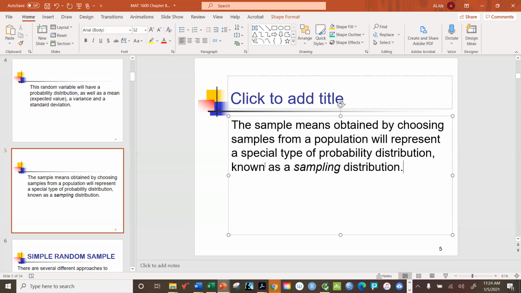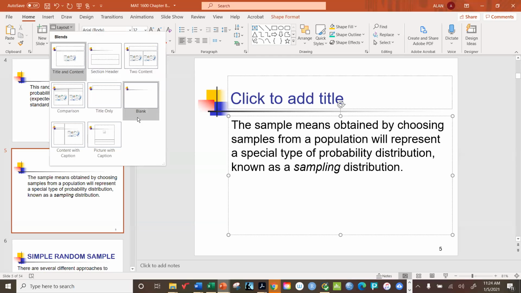In other words, what we're doing here is creating a very special type of probability distribution, which is known as a sampling distribution.